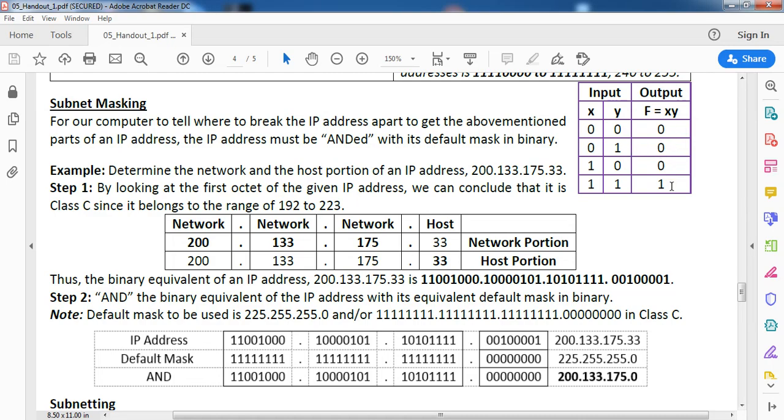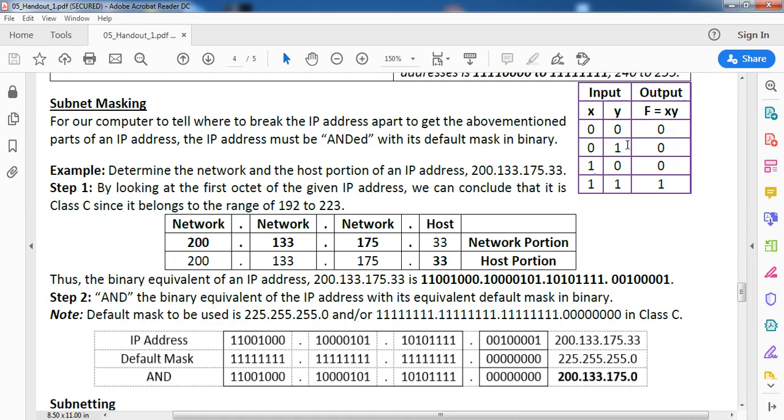The only way it would be 1 is if both are 1. Now, if the second input is 1, it would just have the same output as the initial input.